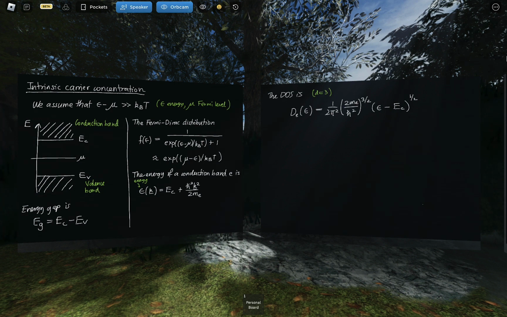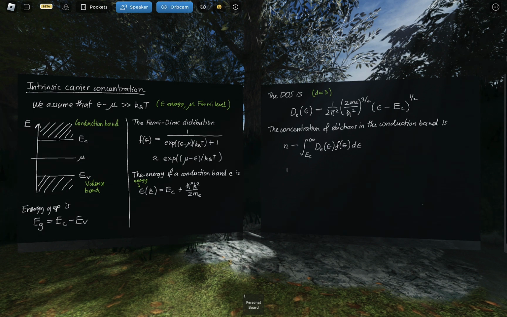Okay, so now I'm going to see what the concentration of electrons in the conduction band is, just by integrating F against D. I'm going to call that n. So that's the integral from the bottommost energy you can have to infinity of the density of states times this occupation probability, dE.